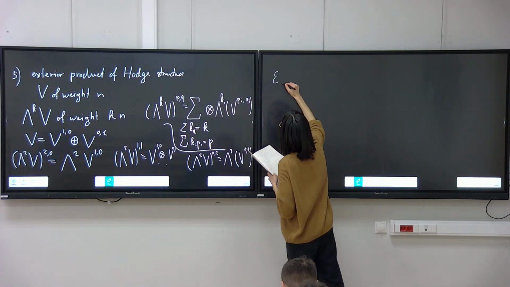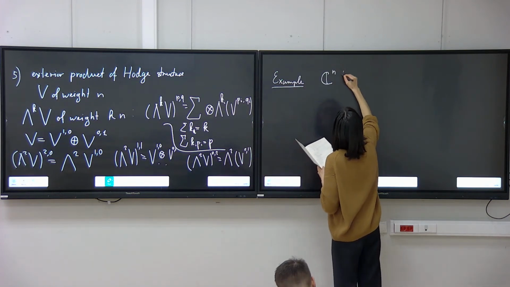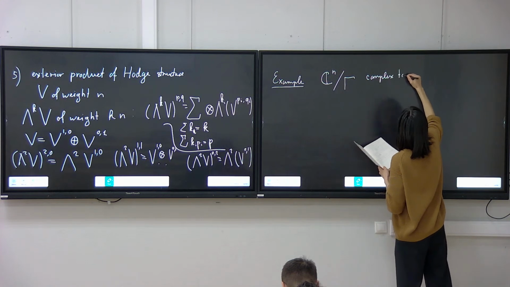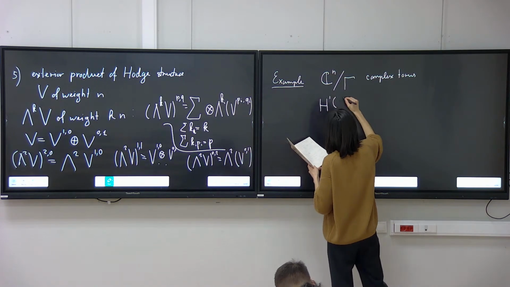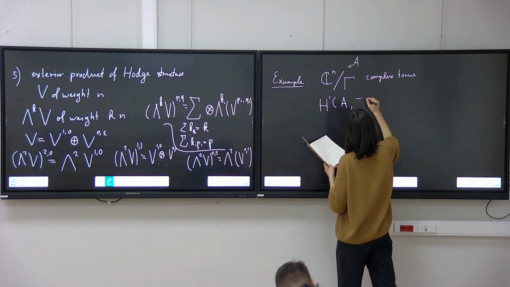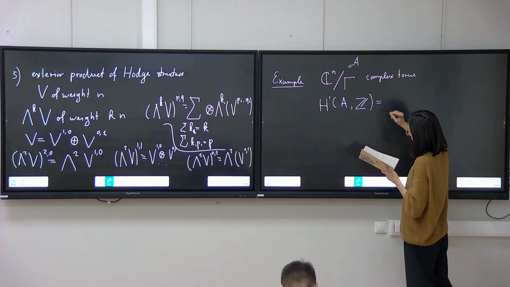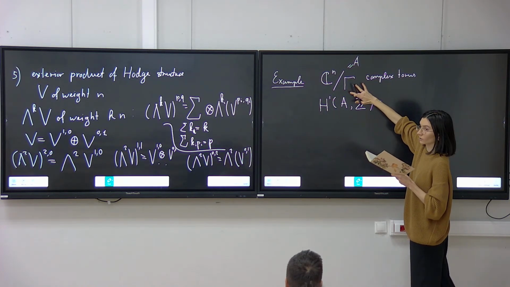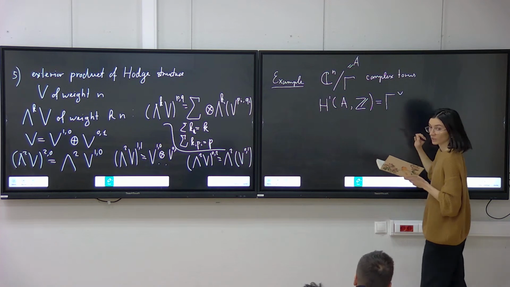So, for example, if we have a complex torus, let me denote it by A. Then what is its first cohomology in terms of the lattice? This is just the dual lattice.